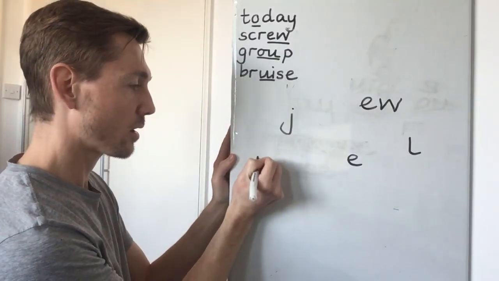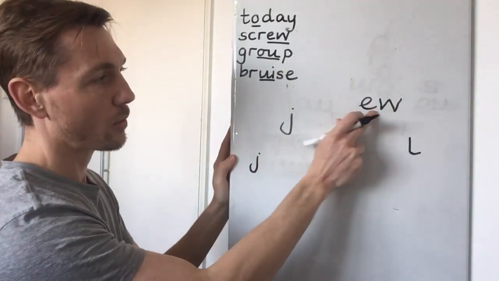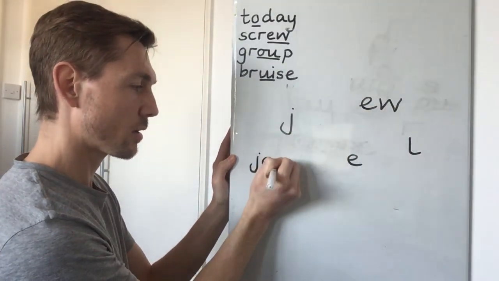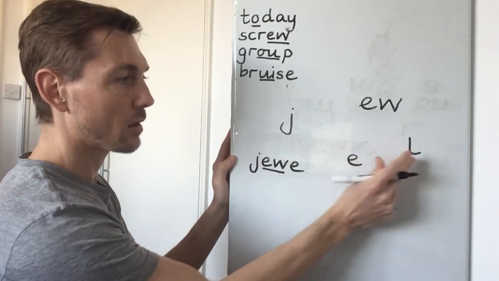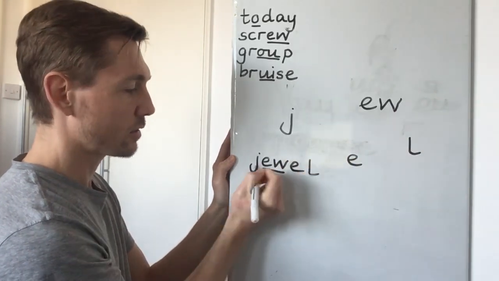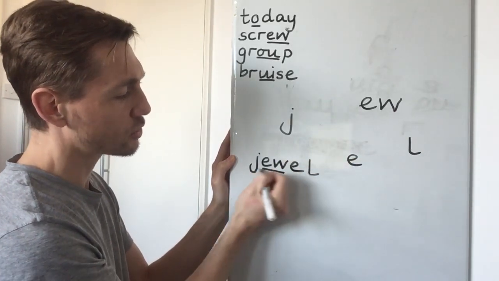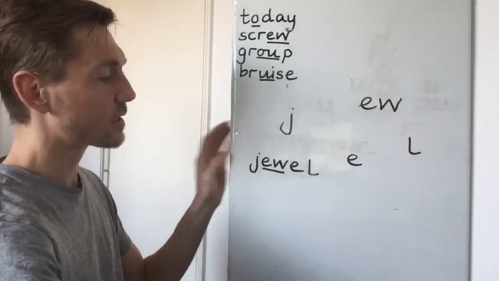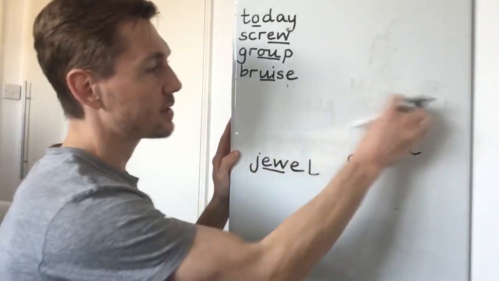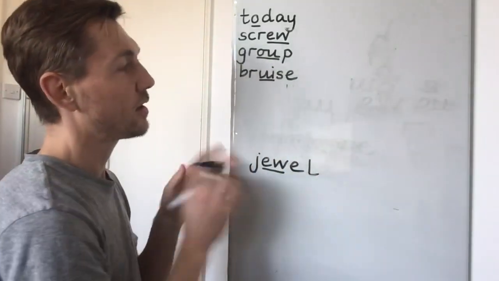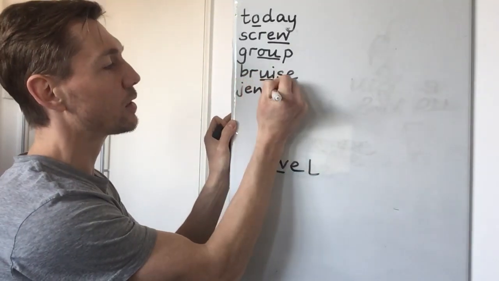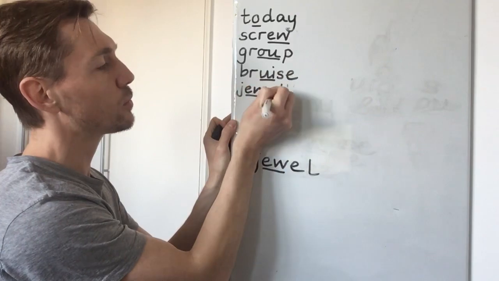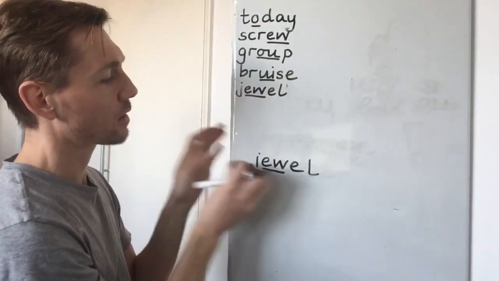J, oo, ul. Jewel. So say the sounds to write the word. Say the sounds to read the word. Jewel.